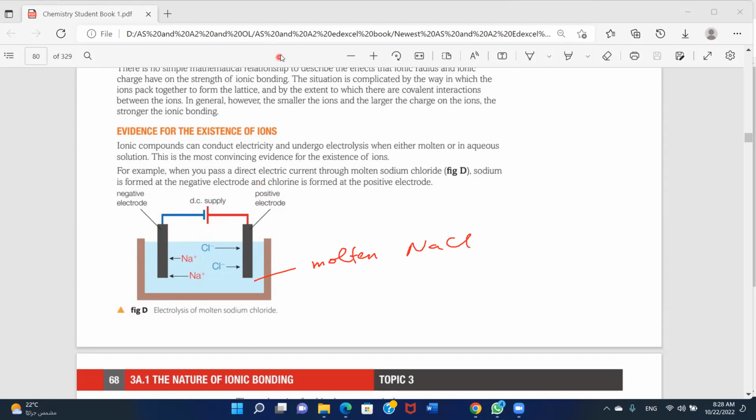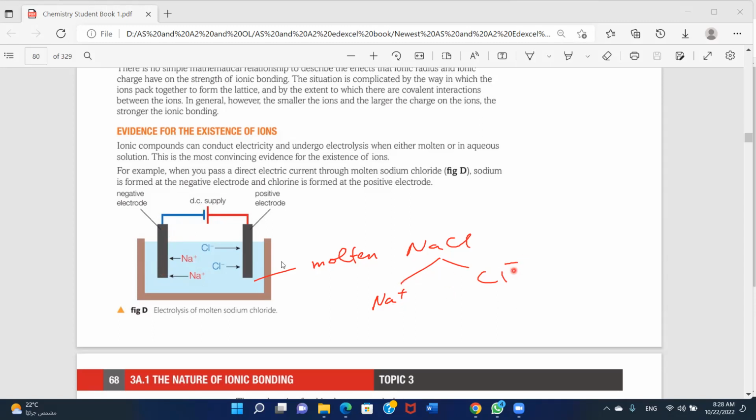We said that in case of molten sodium chloride, we have sodium ions and we have chloride ions. And this means that the positive ion, which is the sodium, will be attracted towards the negative electrode, which is connected to the negative pole of a direct current supply.